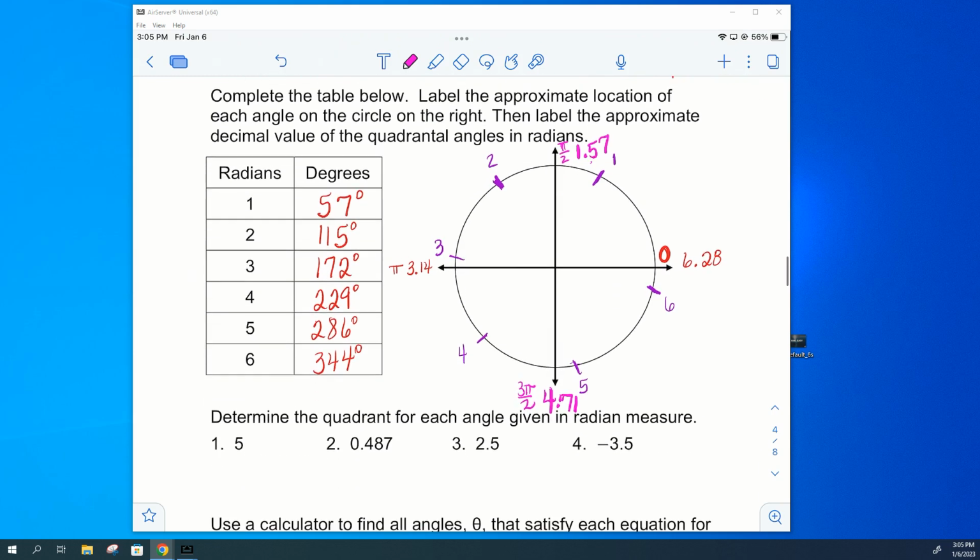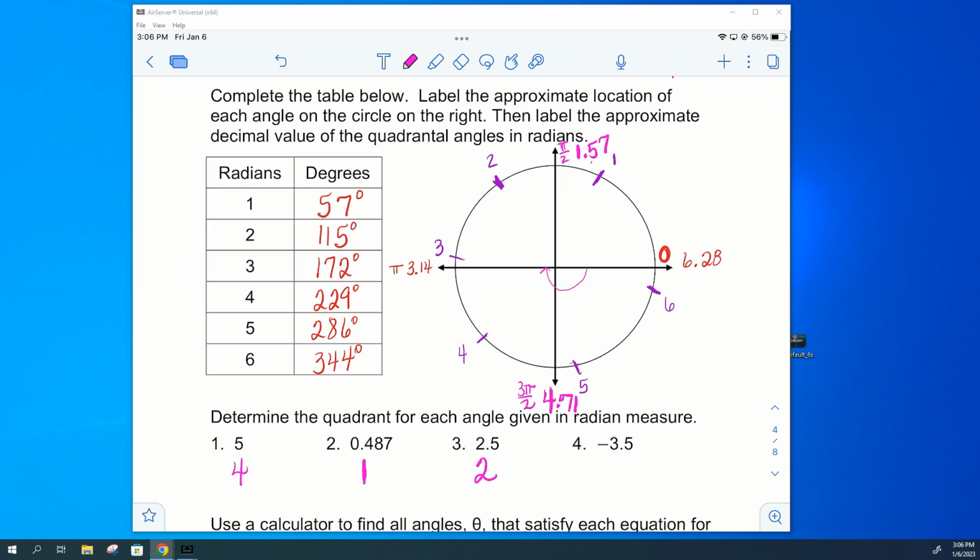Because if I said determine the quadrant for 5 radians, well, 5 is between 4.71 and 6. So that's going to be in quadrant 4. And if I said 0.487, that's clearly in quadrant 1. 2.5 is in quadrant 2. Now, negative 3.5, be careful. Let's think about that. If I went 3.5 radians negatively, that means I'm going this way.